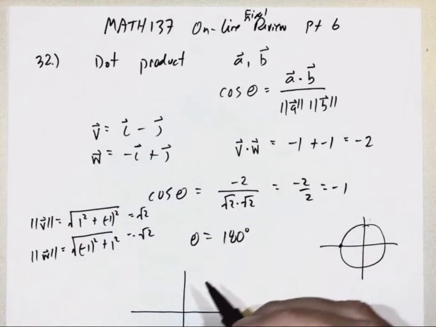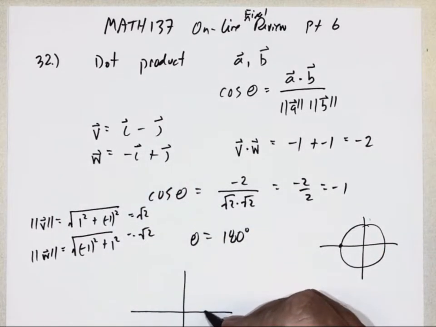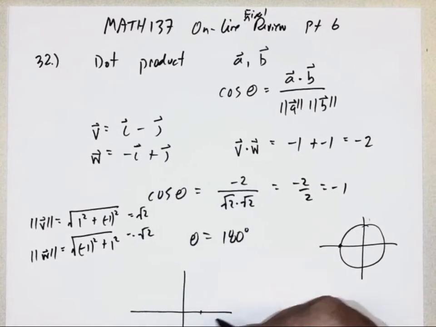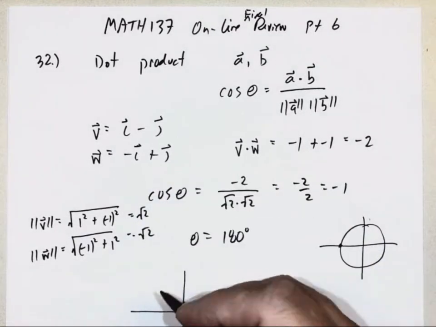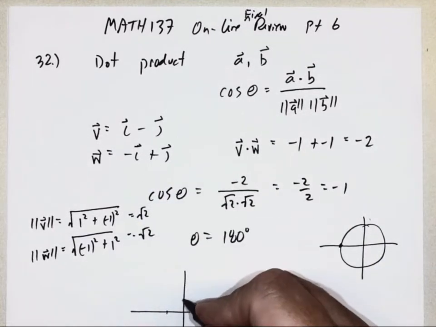I minus J, so one I and minus 1J, negative I, positive J.